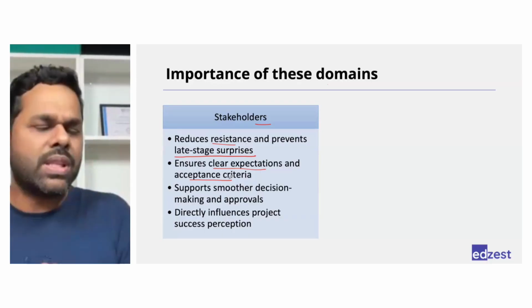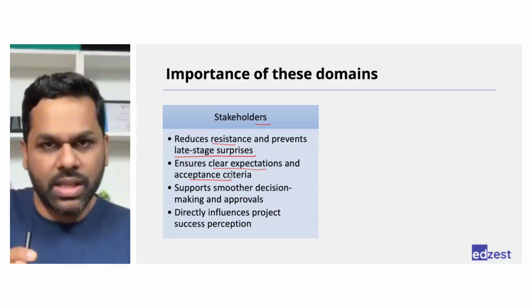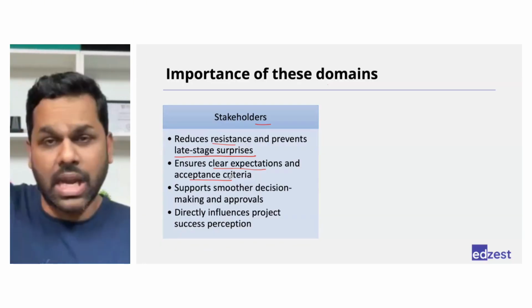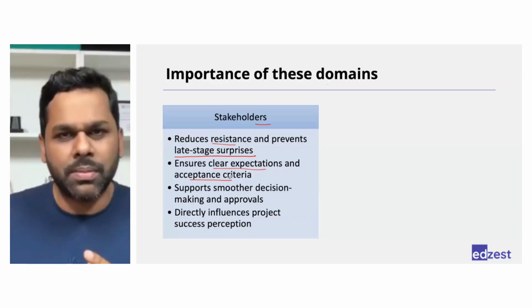If you engage with them regularly, again, engagement means communicating with them, sending them emails, calling them for meetings, having them for site walkthrough, demonstrating the product with them, discussing the plan, discussing the problems with them.